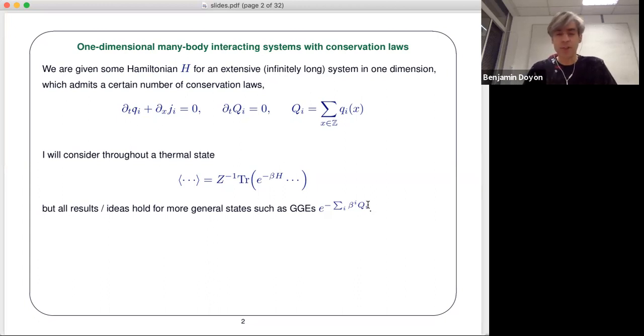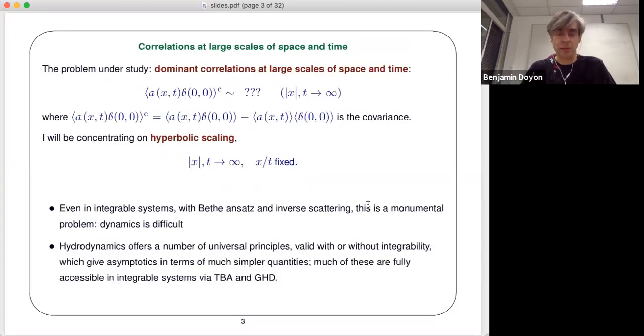The problem that we're interested in here is the problem of correlation functions. That is, covariance, so connected correlation functions of local observables at finite temperature. Now, it's not just correlation functions at separate points in space, but also at separate points in space-time. So I want to discuss dynamical correlation functions.